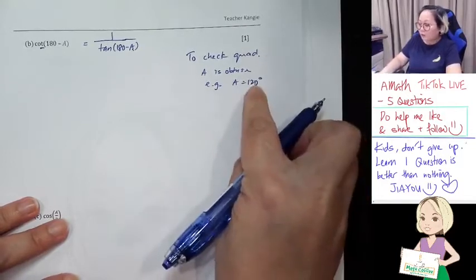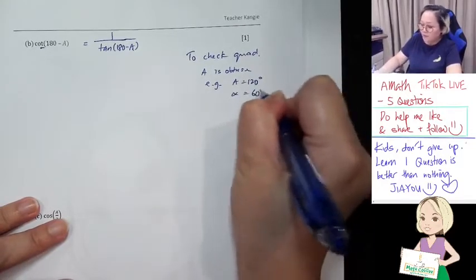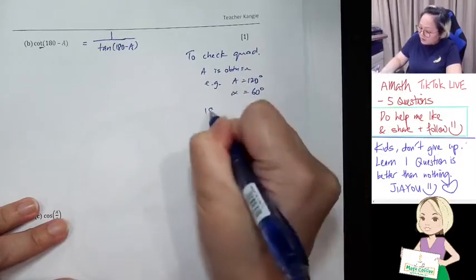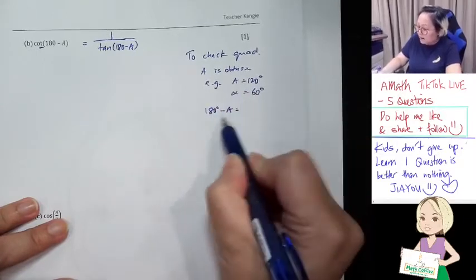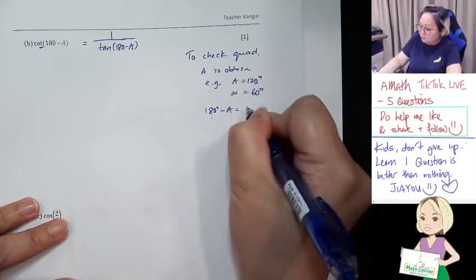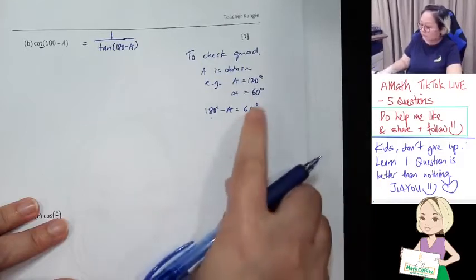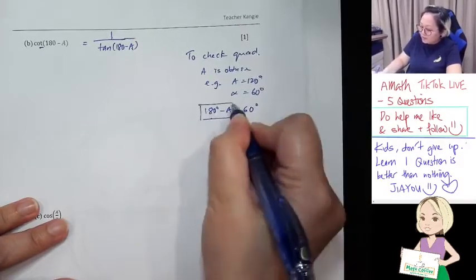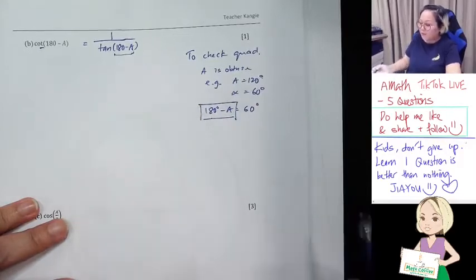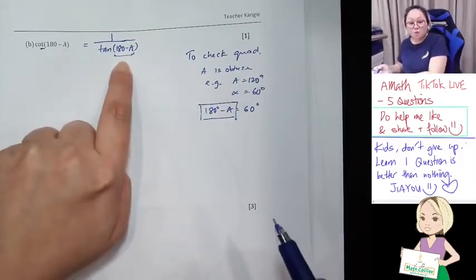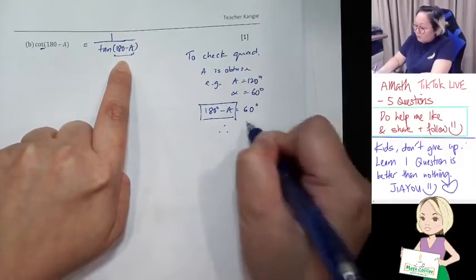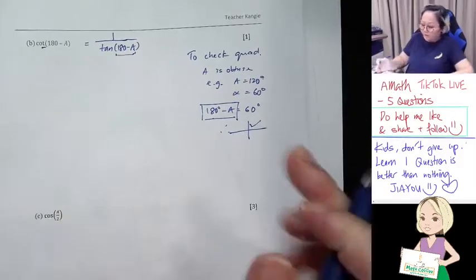When A is 120, my basic angle is 60 degrees. So let's check: 180 degrees minus A will be 180 minus 120, and that gives me 60 degrees. Agree? So I know 180 minus A will be in the first quadrant. You understand?